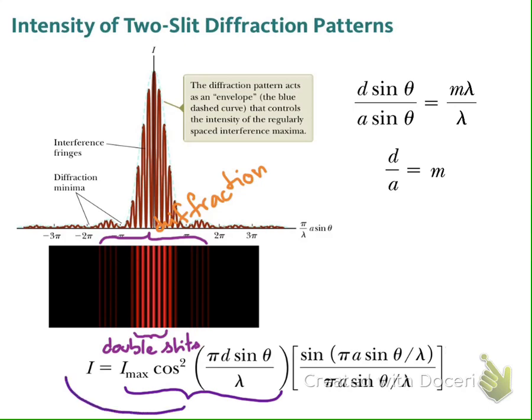This is the interference of the double slit, and the second term is the intensity, not interference, but the intensity of the diffraction. So the total intensity is the product of the intensity of the double slit and the diffraction.